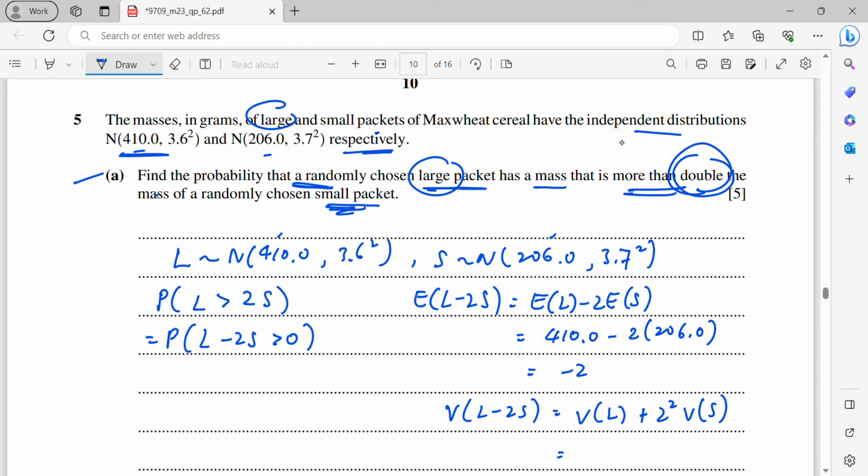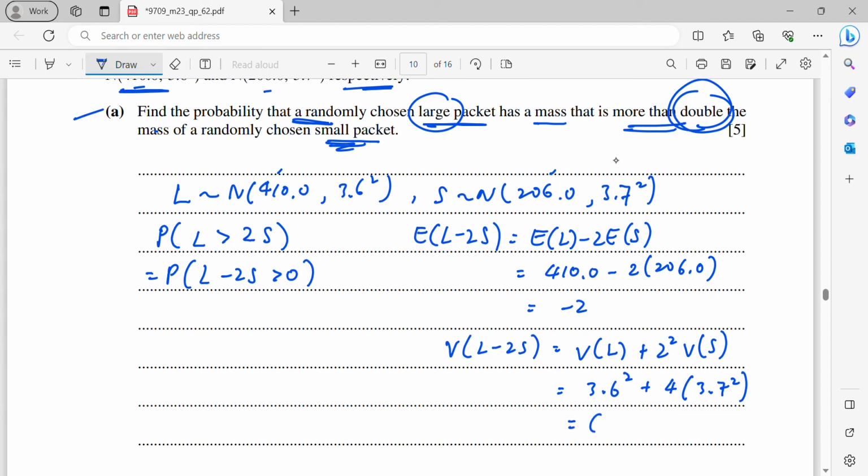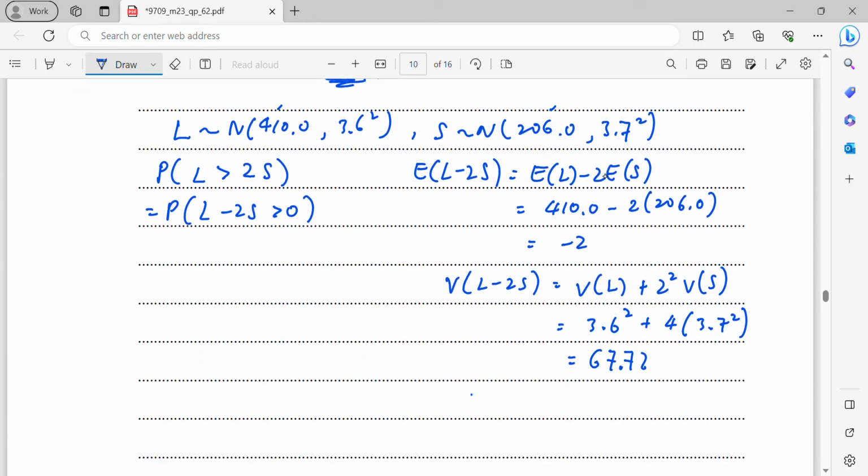So now I will get 3.6 squared plus 2 squared, which is 4, times Var(S), which is 3.7 squared. So at last you will get 67.72. So from here I get the distribution: L minus 2S is normally distributed, the mean is minus 2, and the variance is 67.72.